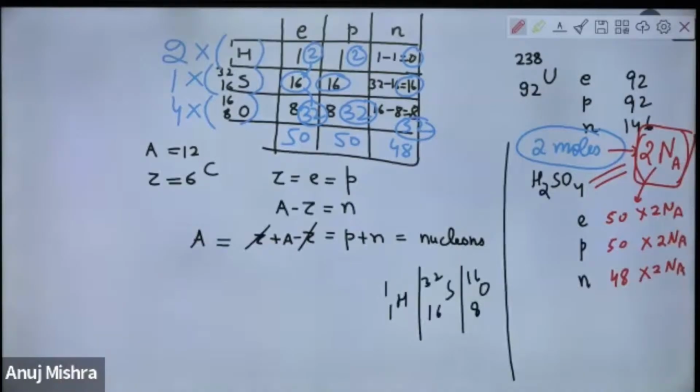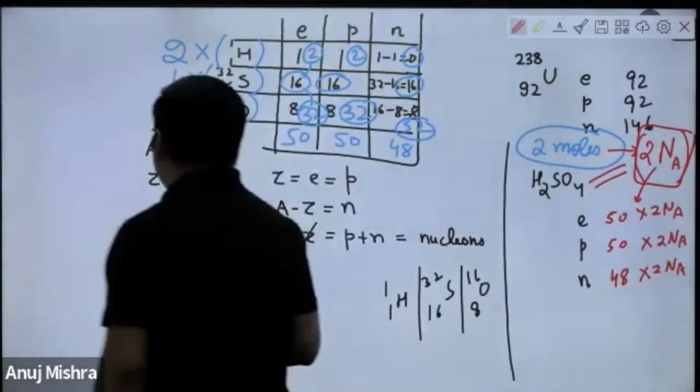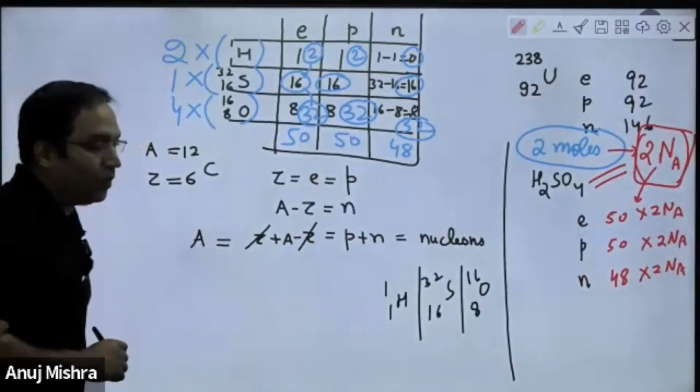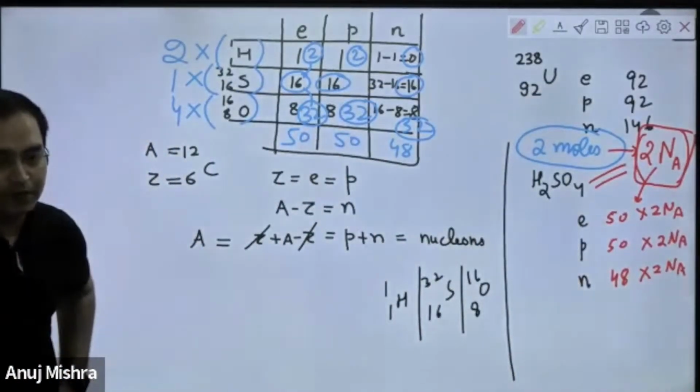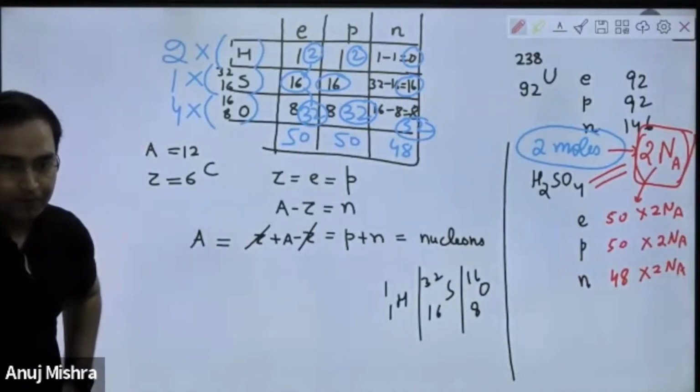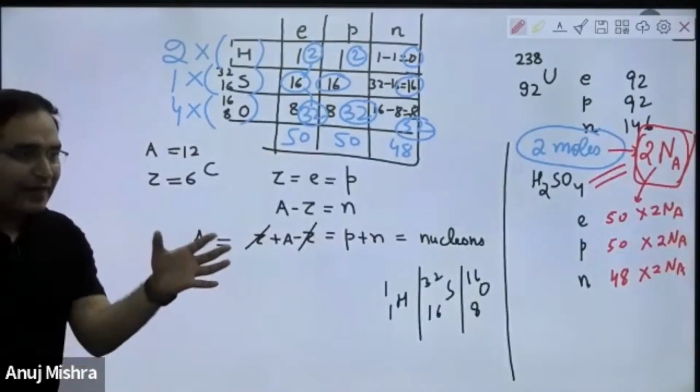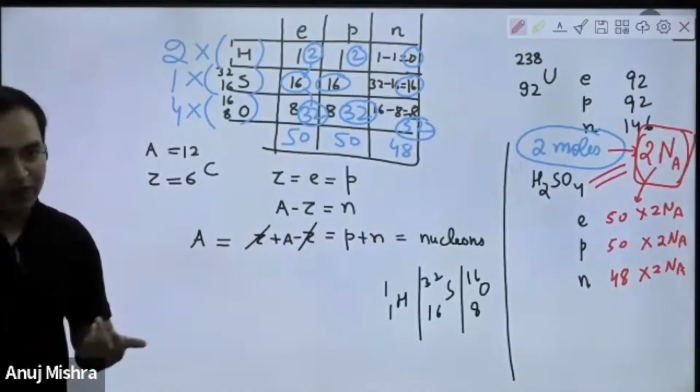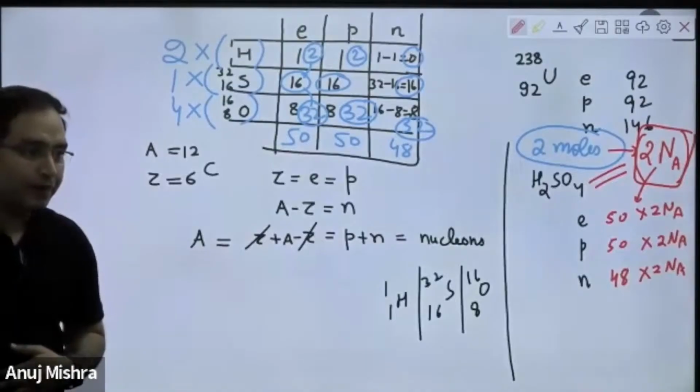Now, have you heard of the term molecular weight? All of you. Molecular weight. What is molecular weight? Okay. So you add the atomic weights of all the members of the given molecule, right? That's the molecular weight.